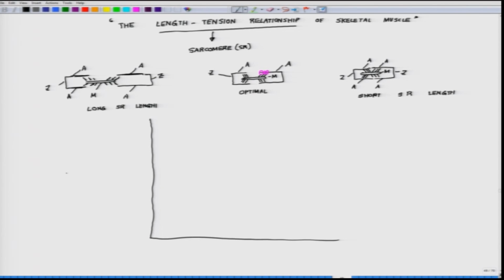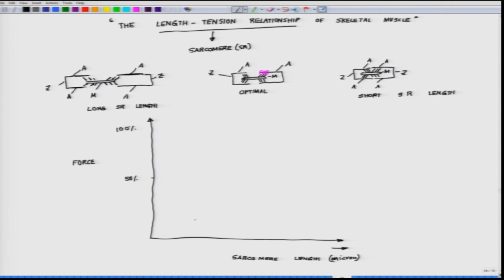Now, it has been observed in these three situations, if you draw a graph like this, where the y axis represents the force percentage, or unit force generated, and if I keep maximum force as 100%, you will see that it depends on the sarcomere length. The x axis is the sarcomere length in micrometers.